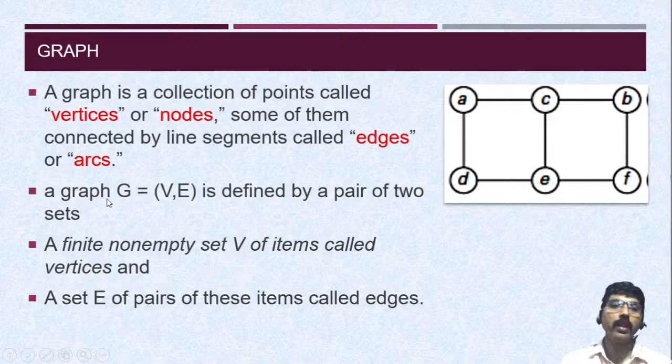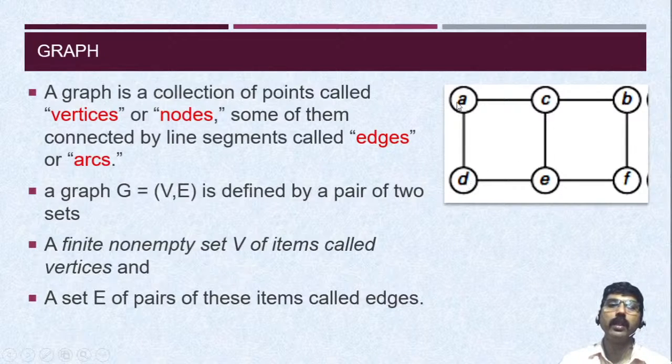A graph can be represented as G = (V, E). Here two sets are defined, V and E. V means a finite non-empty set of items called vertices.